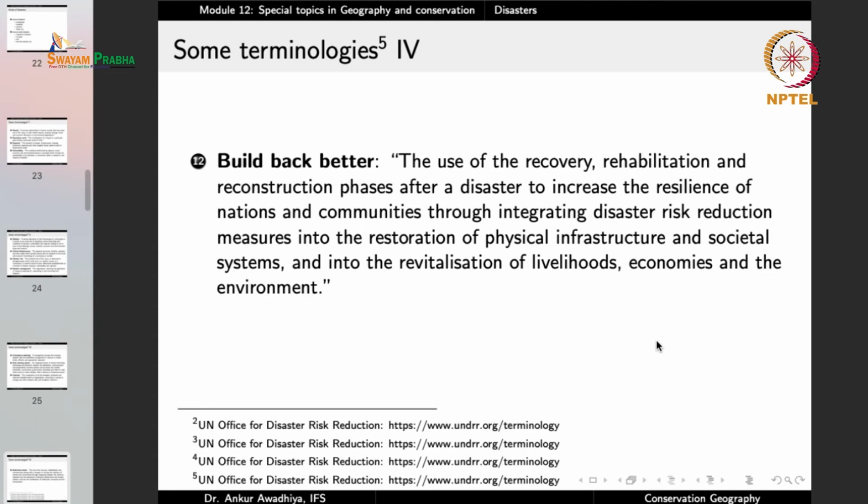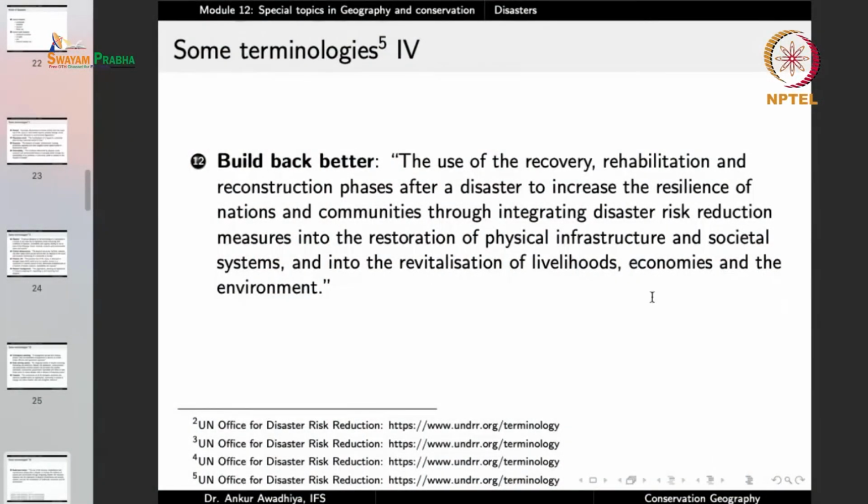So basically, the philosophy of build back better says that once the disaster has occurred and you are trying to rebuild the society, then you can make use of this rebuilding process as an opportunity to integrate with this building the principles of disaster risk reduction.